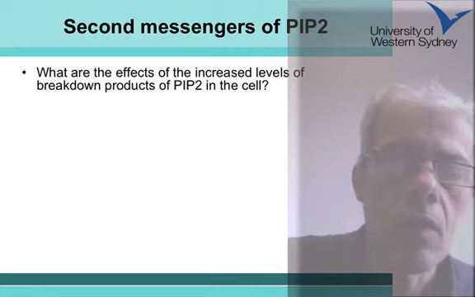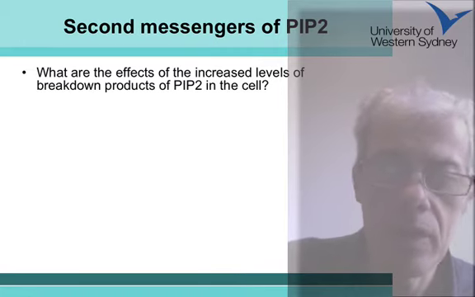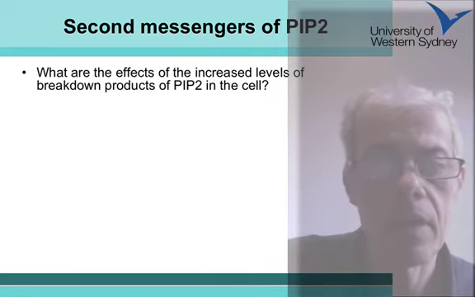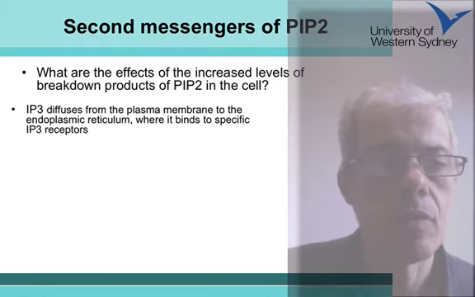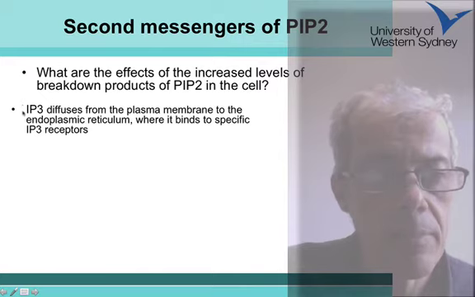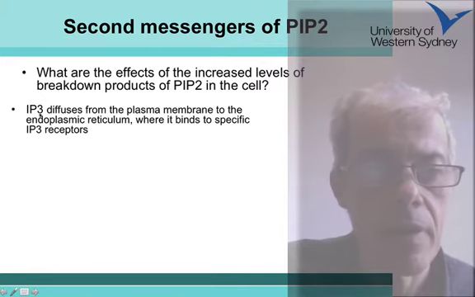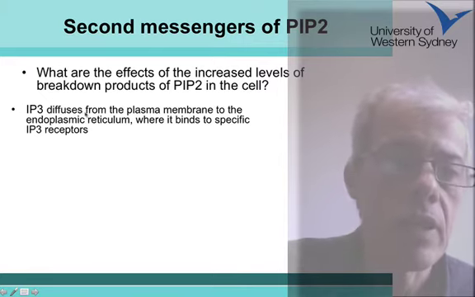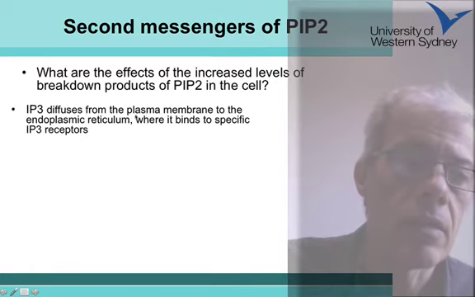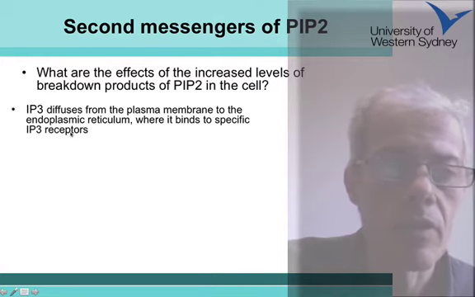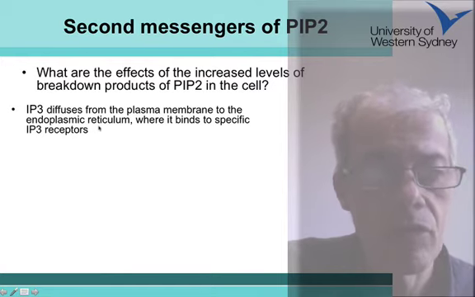So effectively, what happens when PIP2 is hydrolyzed by phospholipase C? It gives rise to this small soluble second messenger referred to as IP3. IP3 can diffuse from the plasma membrane, and it can interact with an IP3 receptor which is on the membrane of the endoplasmic reticulum.